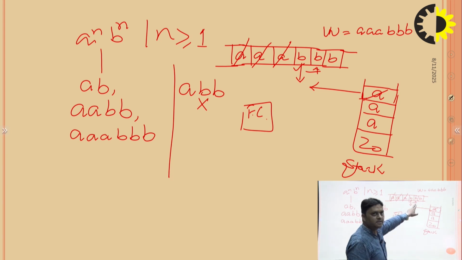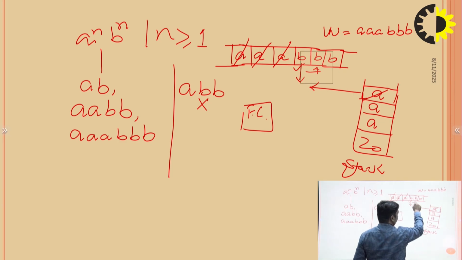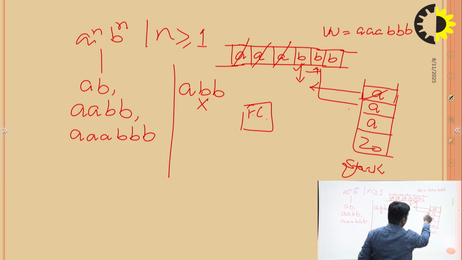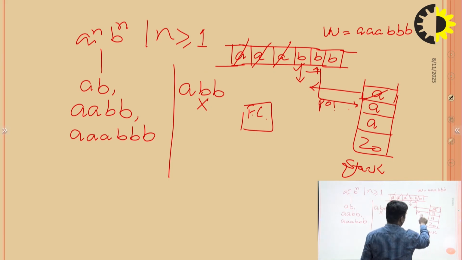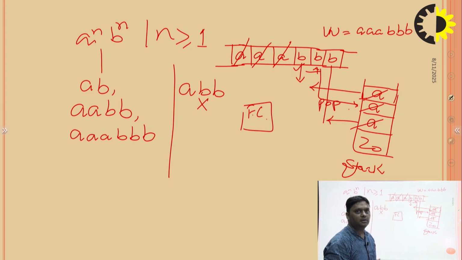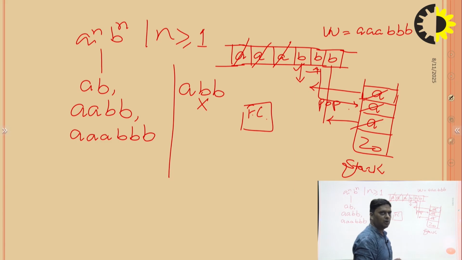We get b, and when we get b, then go to the stack and see there is the opposite symbol a. Then a pop operation will be performed, means when we get b at this state, a will pop.